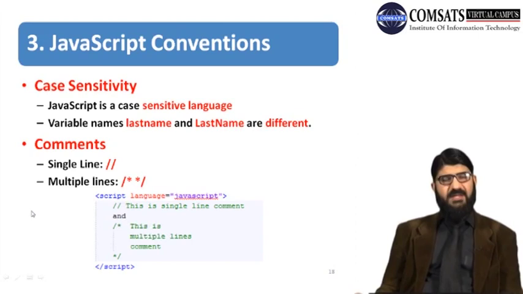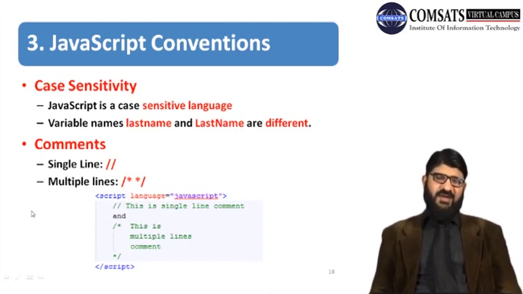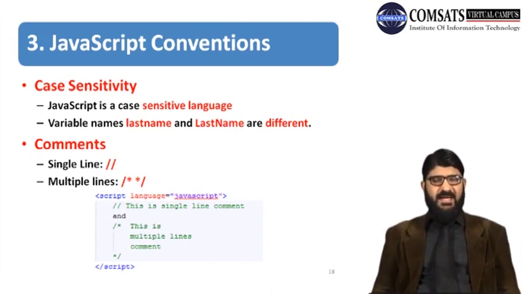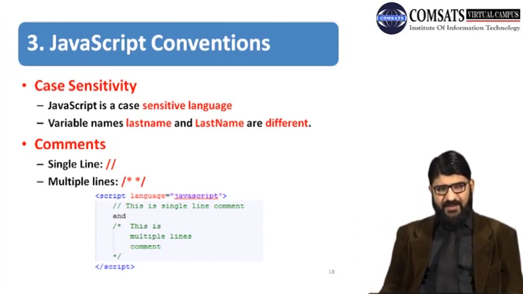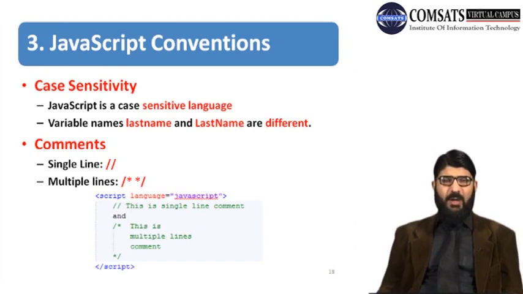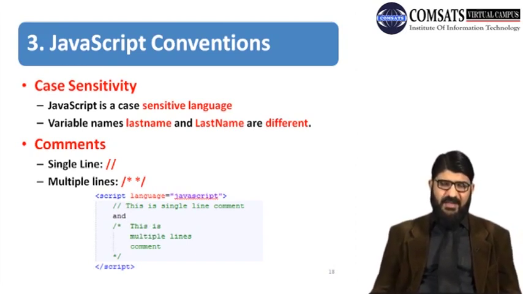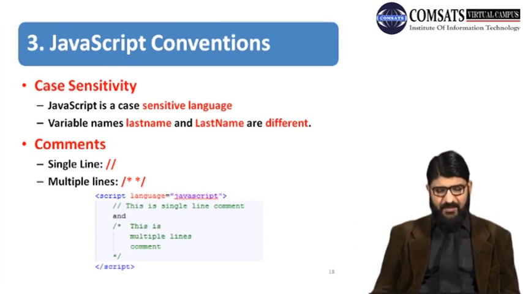Always remember that JavaScript is a case sensitive language. By case sensitive, it means that if you write something in small alphabets or in capital alphabets, JavaScript will treat both of them separately.